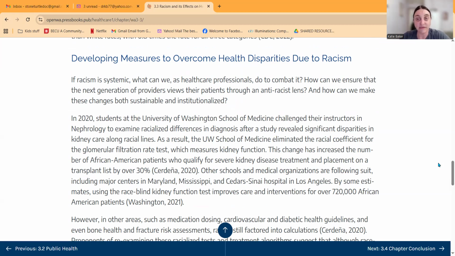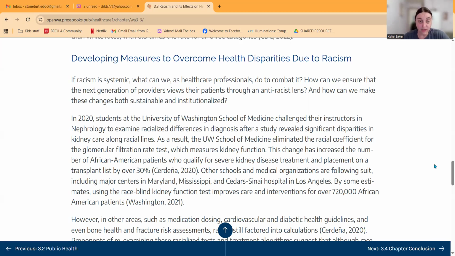The standard testing for kidney function had a different formula for patients who were African or African American. Once they removed that variation and tested everyone with the same formula, the number of African American patients who were placed on the transplant list would have increased by 30%, and those patients would have qualified for higher level disease treatment than if they were still using the formula with the racial coefficient.